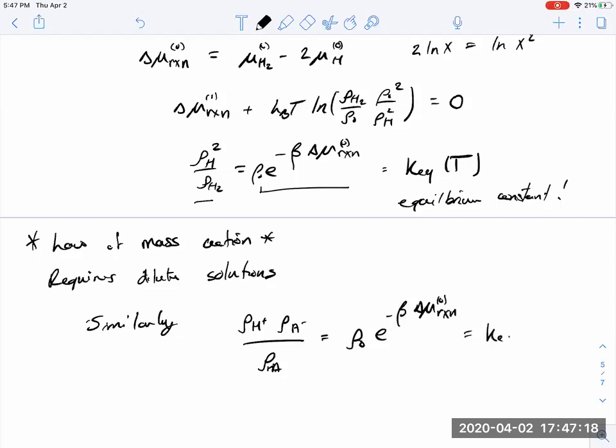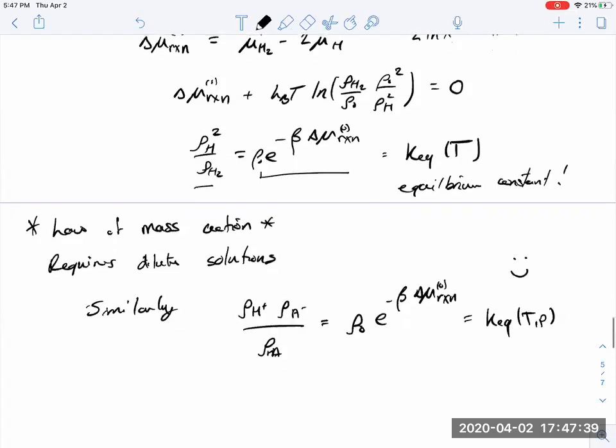And in general, in a solution, that equilibrium constant would be dependent on temperature and pressure. In a gas, if those species are dilute, the ideal gas law constrains that the temperature and pressure are related to each other. So I can choose which one I reference.